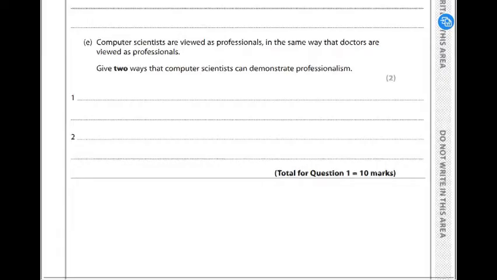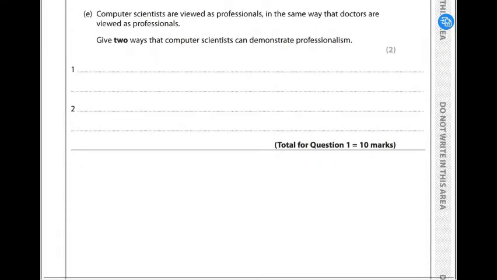Question part E. Computer scientists are viewed as professionals in the same way doctors are viewed as professionals. So give 2 ways that computer scientists can demonstrate professionalism. There's 7 options in a mark scheme, but we only need 2.